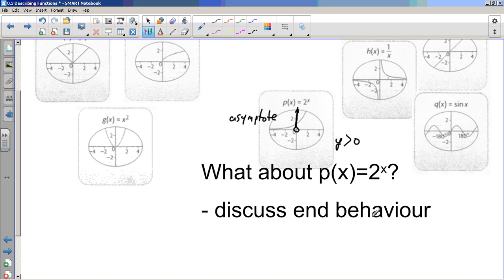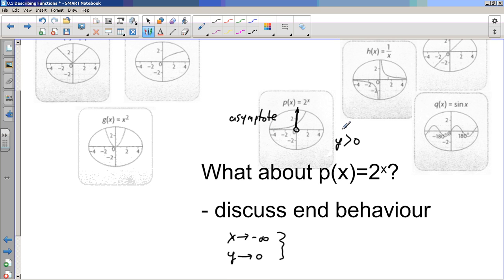Discussing the end behavior, we'll actually talk about this in quite some detail, but the idea is, how does the graph end? When x goes to negative infinity, what happens to y? Well, y gets close to 0, and this is actually a definition of an asymptote. When x gets close to negative infinity, y gets closer and closer to 0, but doesn't quite ever equal it.